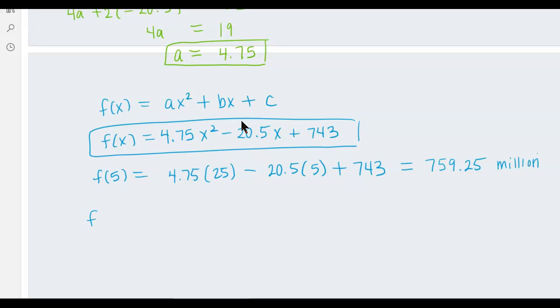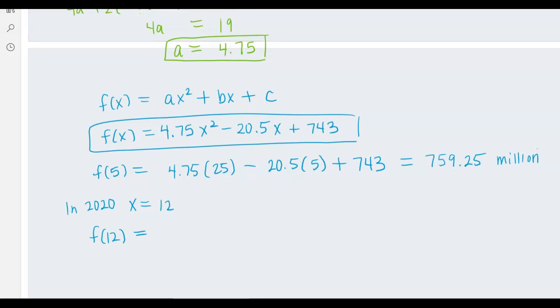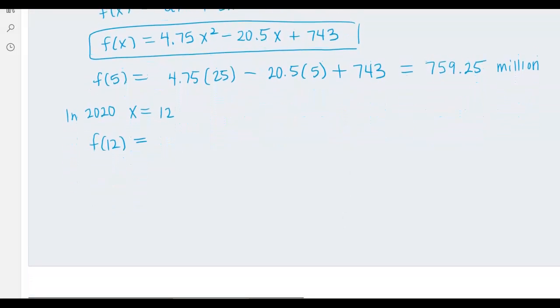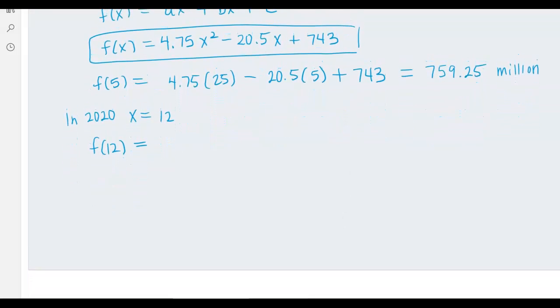Let's do this for 2020. What would it be for the year 2020? x is going to be equal to 12, so let's do f of 12. 4.75 times 144, x squared, minus 20.5 times 12, plus 743.